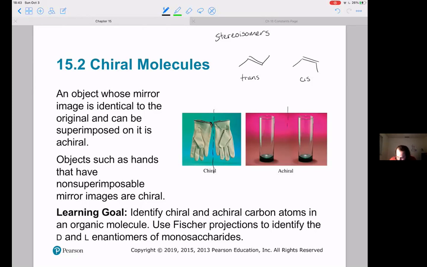Versus two glasses, they are mirror images of one another, but they're also superimposable. If you picked up one and put it on top of the other, it would look the exact same, right? So that would be achiral. So achiral means mirror images are superimposable. Being chiral means that your mirror image is not superimposable.